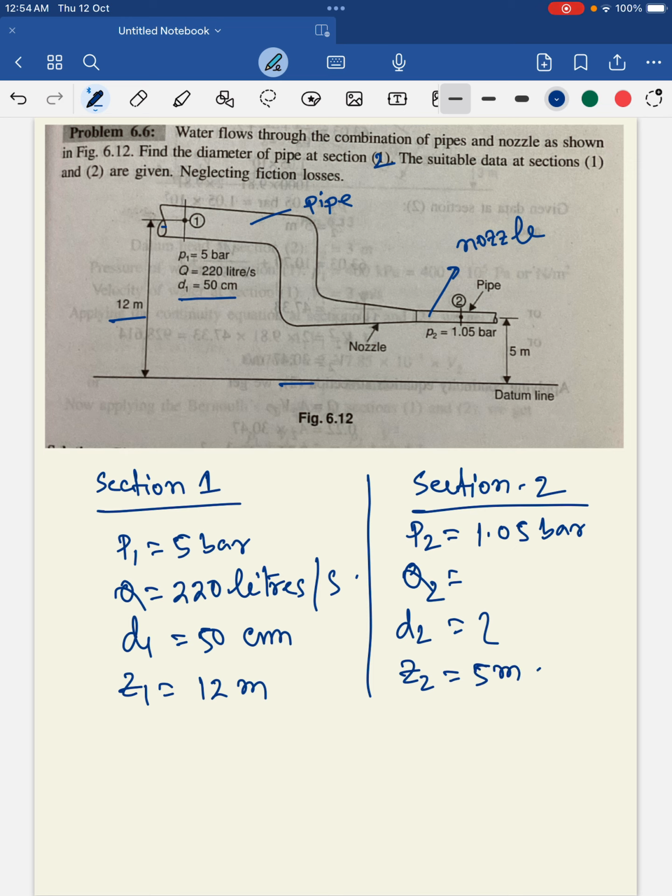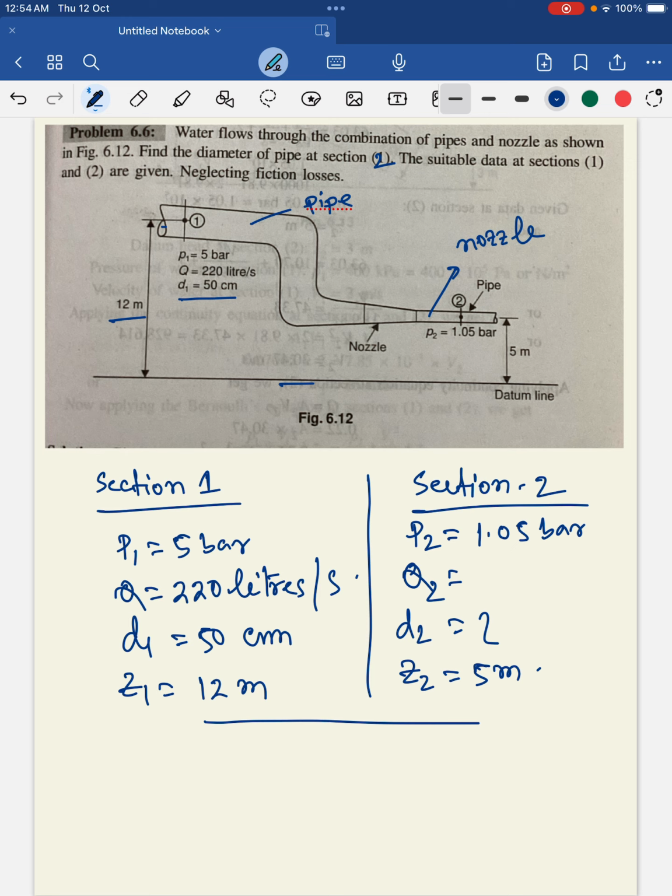Now we have to find out what D2 will be. To find D2, first we can use Bernoulli's equation. So what is Bernoulli's equation?